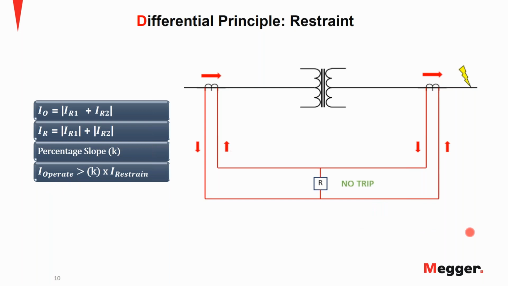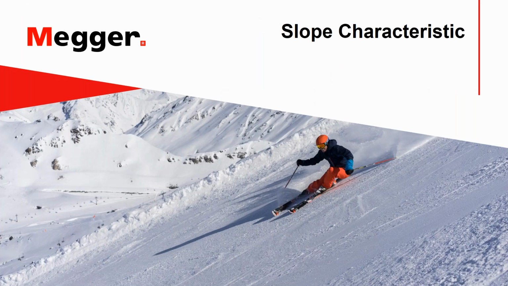To understand this concept makes it easier whenever we actually go through and start doing a little bit of testing. You can physically see what these calculations are calculating in front of you, so it gives you a better picture. That's another reason why I really like the electromechanical relays, because you can actually see what's actually going on. Now we're going to briefly run over the slope characteristic.